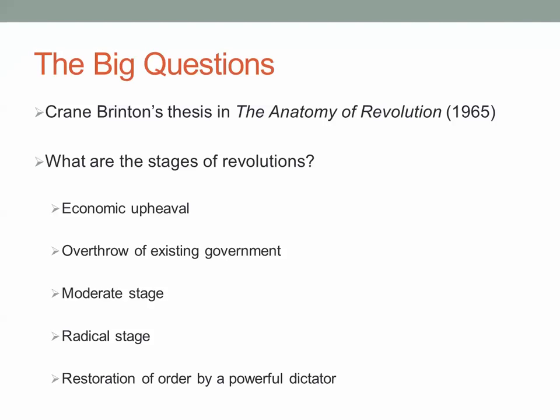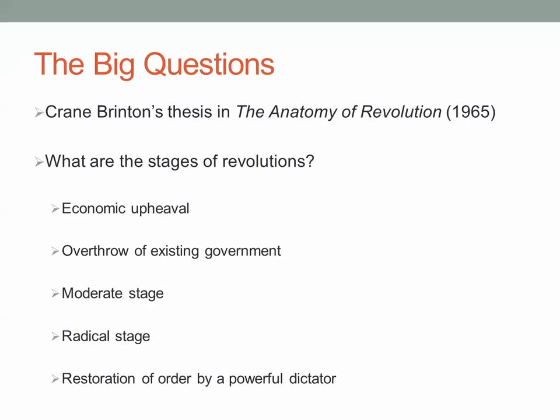And then we have perhaps a more moderate stage. In the case of the French Revolution, this is the stage of the constitutional monarchy. There are still some elements from the previous regime. The monarchical elements still exist, but then there are new elements, the constitution. So this is the moderate stage.